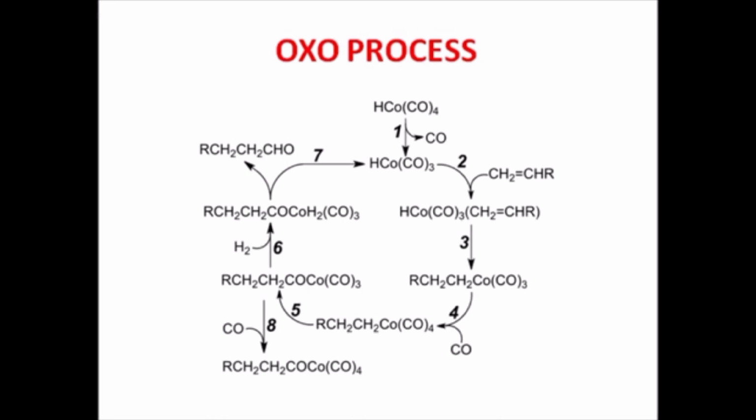The technical importance of this reaction comes from the ease with which the primary Oxo product, the aldehyde, can be converted into a multitude of industrially important secondary products such as alcohols by reduction, acids by oxidation, or esters by allowing the alcohols to react with acids formed by the oxidation of aldehydes. Some of these secondary products are useful as plasticizers, detergents, lubricating oils and solvents.